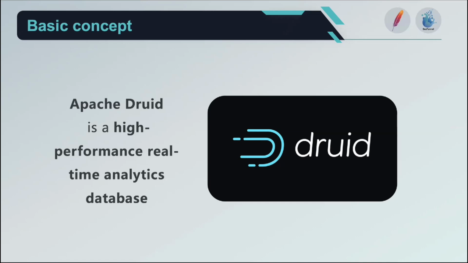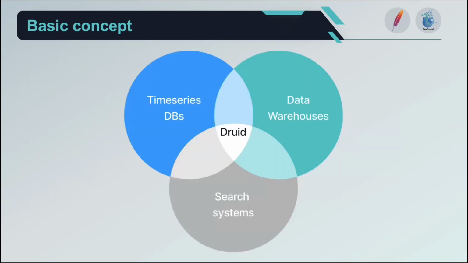As an OLAP engine, Druid also has a rich set of query operators built in to meet a wide range of requirements. Actually, Druid is a mixture of time series database, data warehouse, and search system. Because the data stored by Druid is time series type, Druid supports related functions such as aggregation, downsampling, etc. And Druid can ingest event data to support decision analysis.